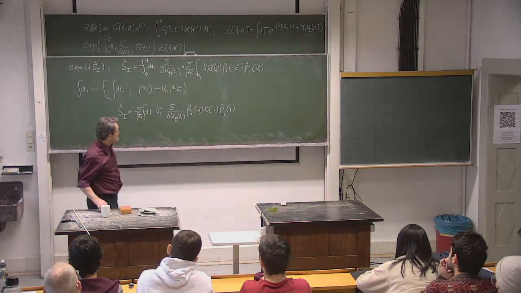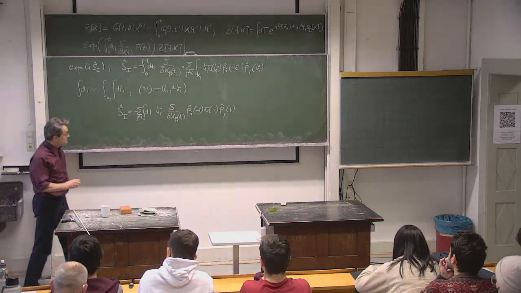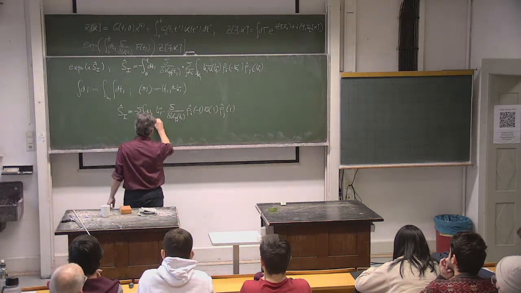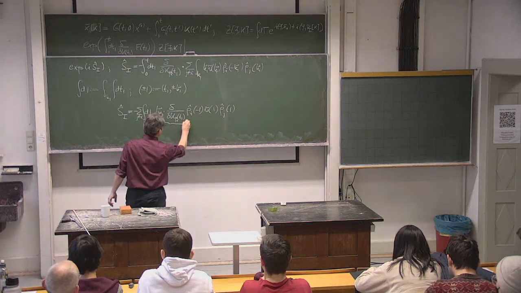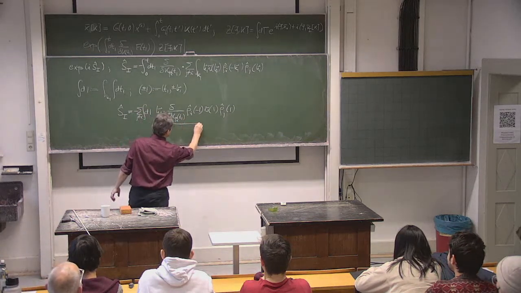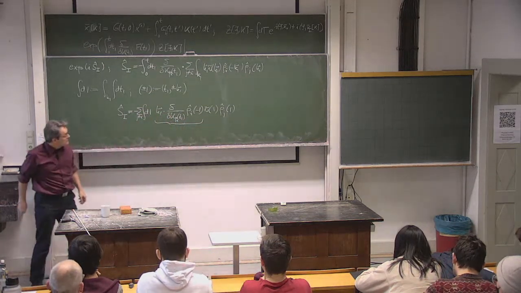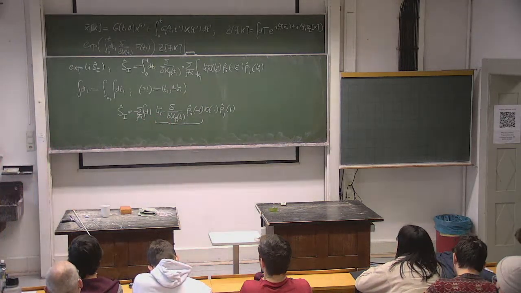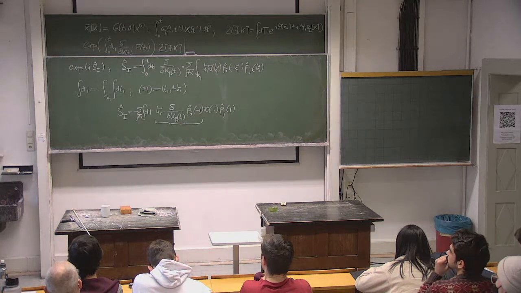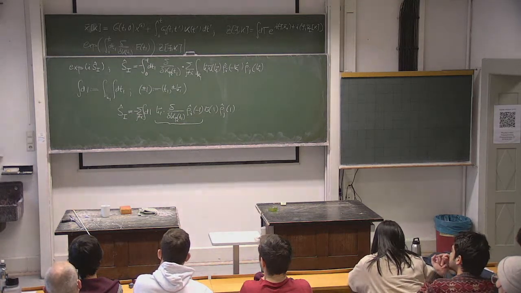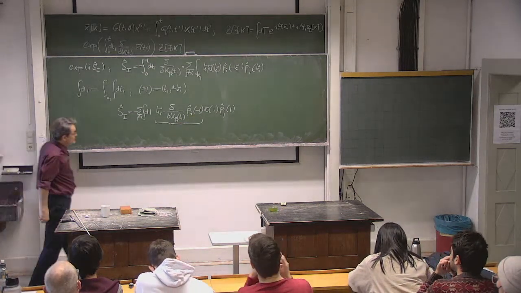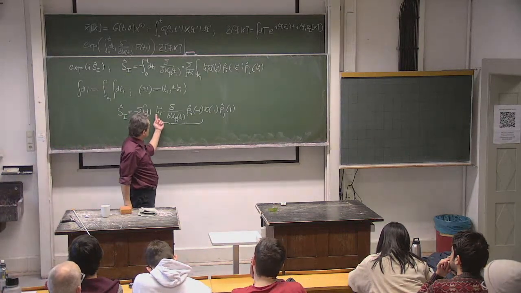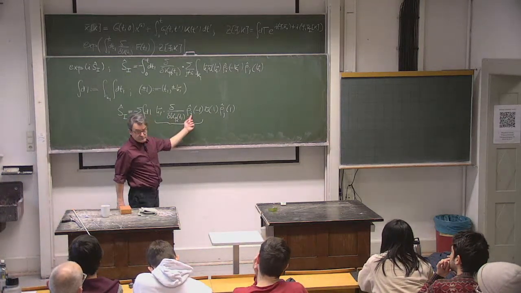Now, before I do that, this expression here, including the density, is often called the response field, because it tells you there's a gradient of the density.